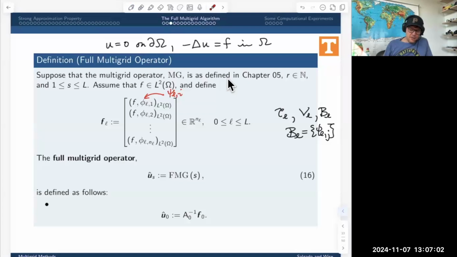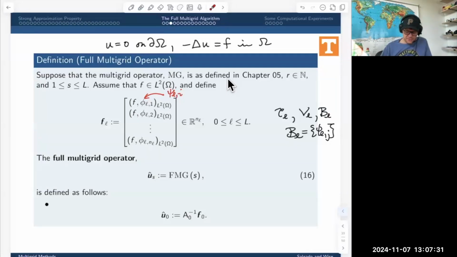The full multigrid operator is defined as follows. S is going to be a level number. We also need a number r, which is going to be a positive integer, but s is our level number. The full multigrid operator at level s is going to give us the output as a vector called u hat s, and it's defined in the following way.